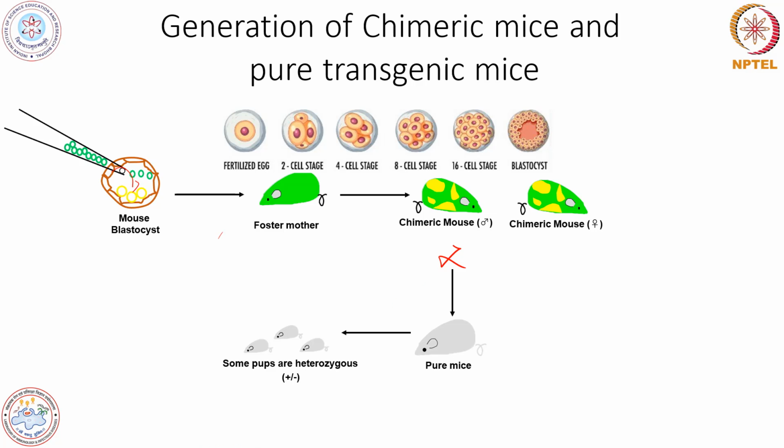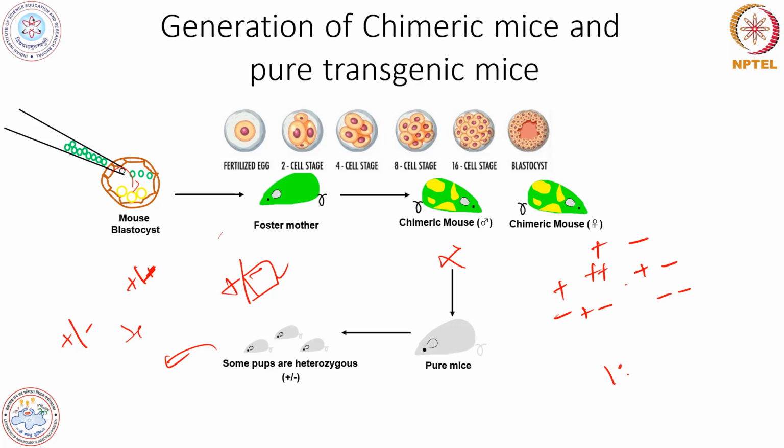Then finally the heterozygous pups will be there, which have one strand not present and the other strand knocked out. Finally, they will again inbreed these heterozygous, that is plus or minus. As we have studied in genetics, in the Mendel experiment, if plus or minus is crossed, plus plus will be the first option, plus minus the second, plus minus the second, then minus minus.